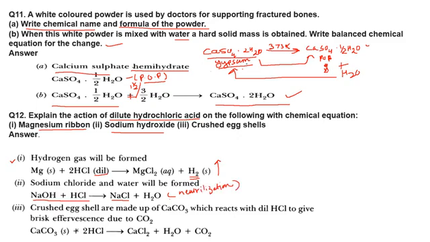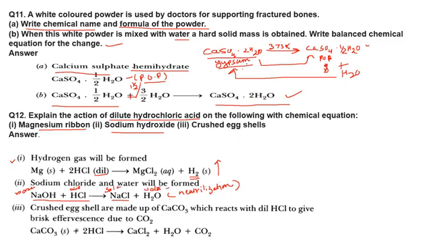Base plus acid. This is base, right? And this is acid. And when base and acid react together, they give us salt and water. This is a neutralization reaction, children.